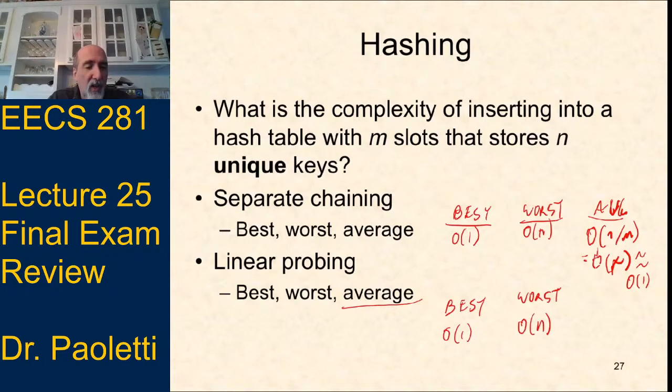We pick a load factor, and that load factor is the length of the average chain. Some chains might be longer, some shorter, but on average the chain will be of size n divided by m. I've got n distinct keys spread across m buckets.